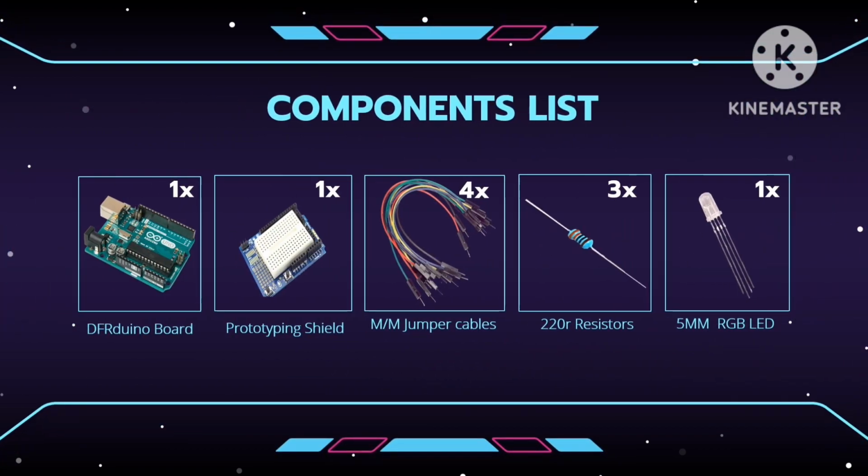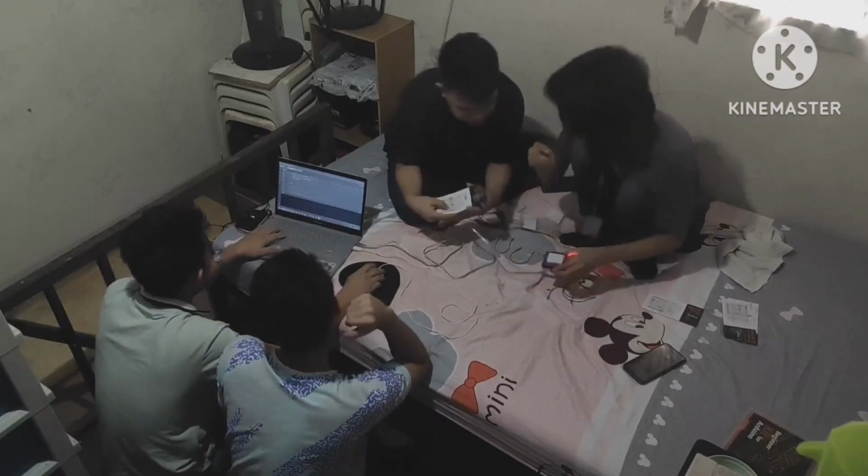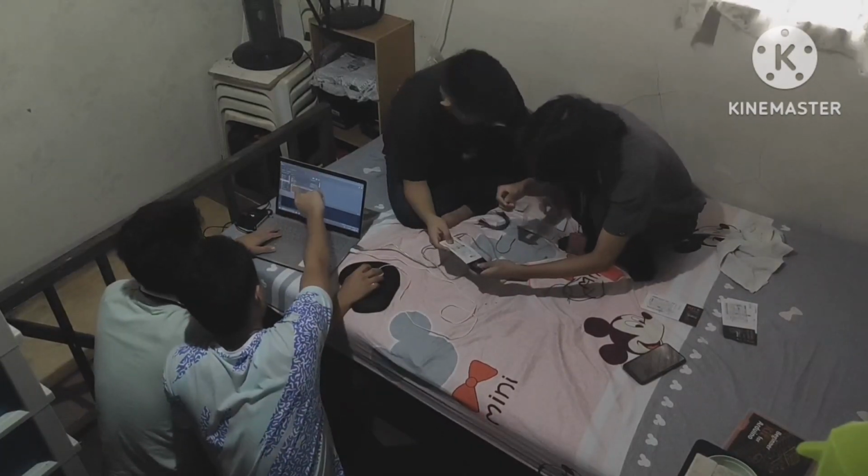For this project, we will be using the following components: DF Arduino board, prototyping shield, M2M jumper cables, 220R resistors, 5mm RGB LED. So, this is the process of our Project 5.